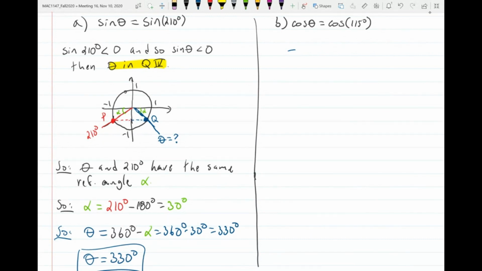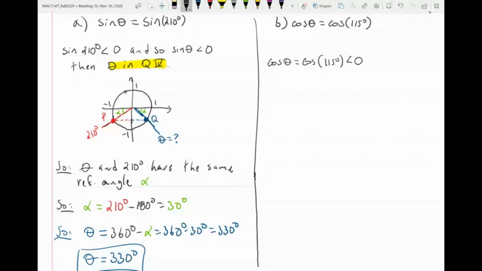Once you understand the idea, this is something that is done very quickly. What's the first thing that we need to do? We need to figure out the quadrant of theta, right? For that, you can either draw the picture or use what you know about the sine. So let's see. What do we know about cosine of theta? It's the same thing as cosine of 115, and 115 is in quadrant 2, so this is negative. Cosine is negative in quadrant 2.